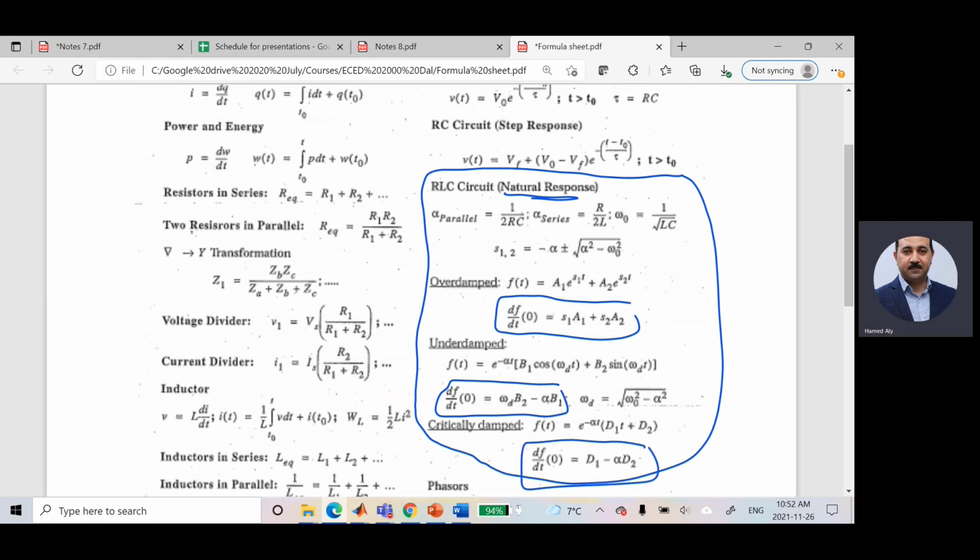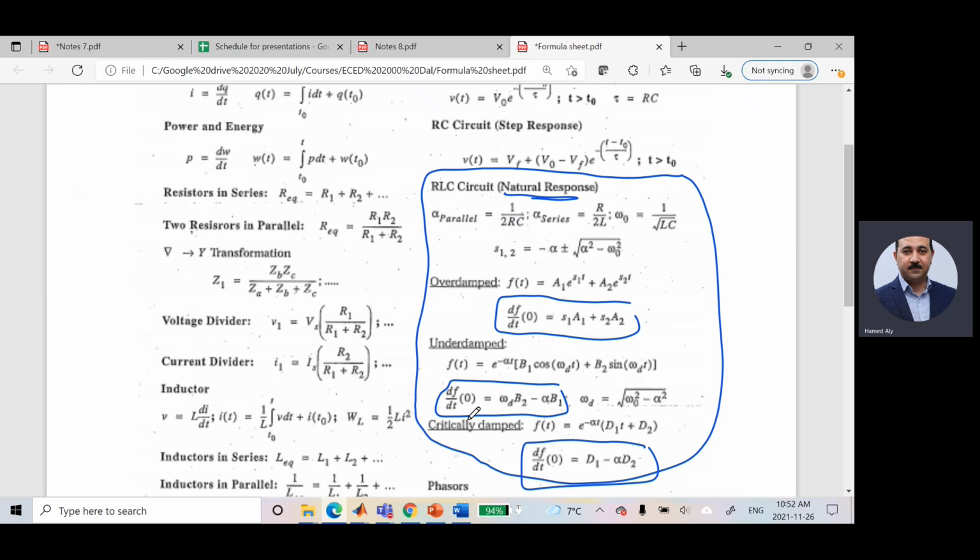So you don't need to find the first derivative because I give it to you. You will plug this in your equation and substitute f by v or i based on the configuration of your circuit. Last question.